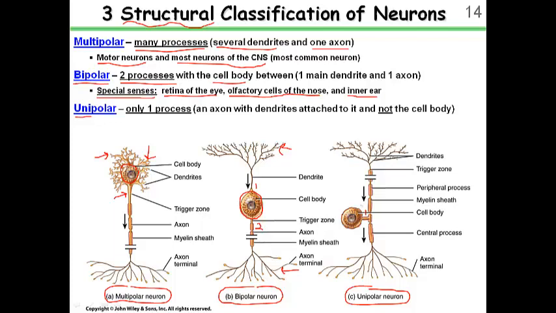If there's just one, it's a unipolar. These are most of our other sensory neurons. So sensory neurons in the skin, sensory neurons in our muscles and organs in the body are often unipolar. So most of those skin sensors are unipolar neurons.